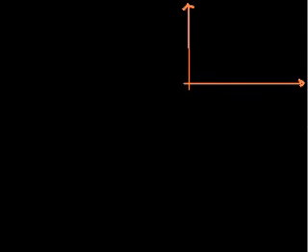I started off with a ball that was 4 feet off the ground. So let's say that's 4. And I hit it at 120 feet per second at a 30-degree angle. It's a 30-degree angle to the horizontal.